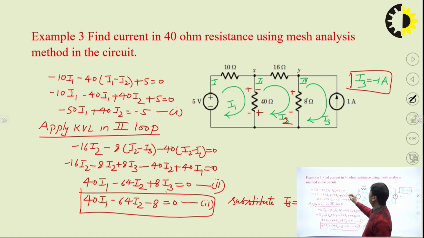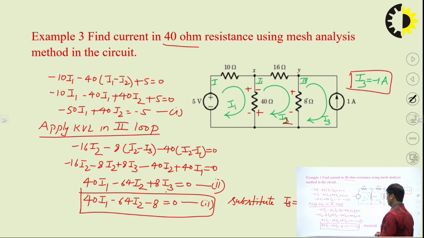Here it is required to find the current in the 40 ohm. So in the 40 ohm, how much current is flowing? It is I1 minus I2. So once we have I1, I2, you can calculate I1 minus I2. So that value will be the answer. So this is the solution.